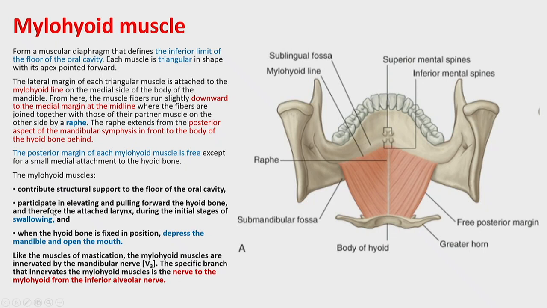It also participates in elevating the hyoid bone, because it pulls the hyoid bone. If the mandible is fixed, the hyoid bone goes up. If the hyoid bone is fixed, the mandible goes down. This is important for phonation and also for swallowing.